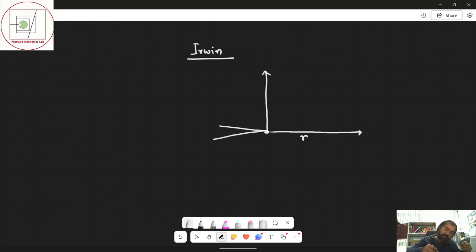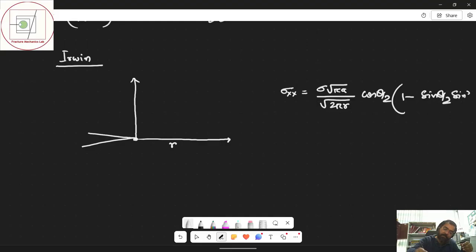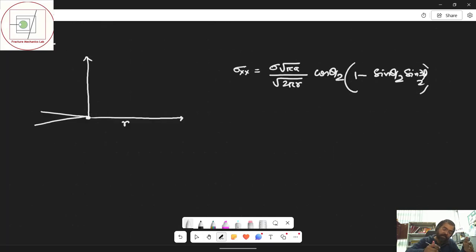He derives the stresses as sigma xx equal to sigma root over pi a divided by root over 2 pi r, cos theta by 2 times 1 minus sine theta by 2 sine 3 theta by 2. Then you have similar expressions for sigma yy and sigma xy.